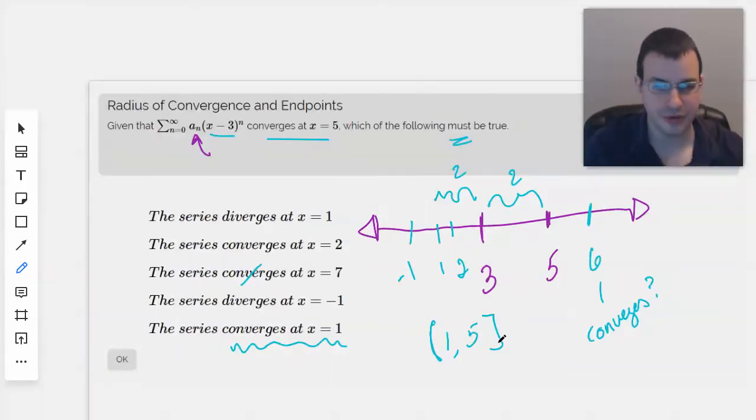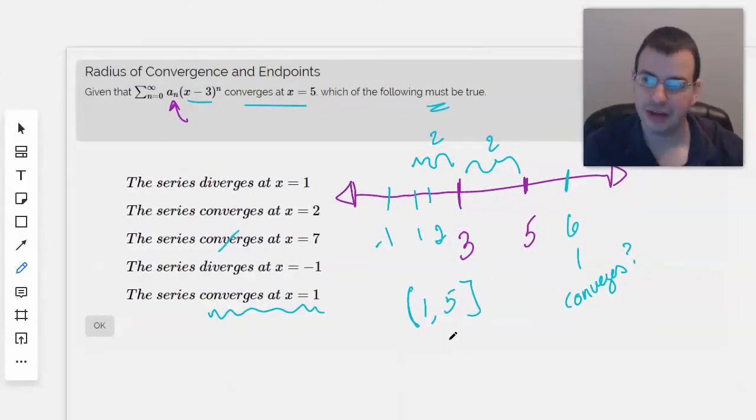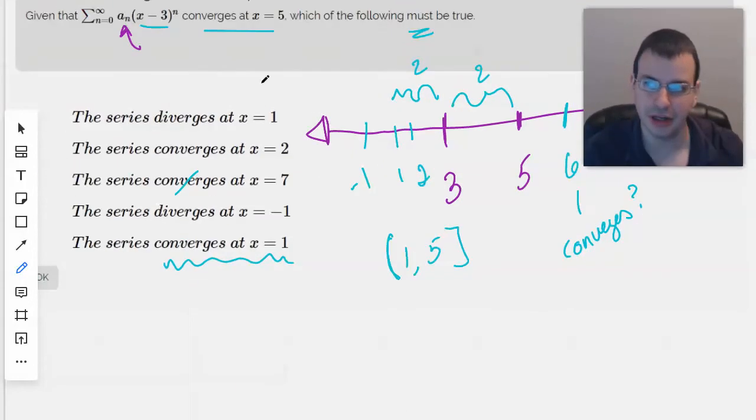The reason for that is if you have the right sort of setup with a coefficient a sub n, what you could get here is basically a geometric series that is converging. But you might get the sort of thing where you get an alternating series.